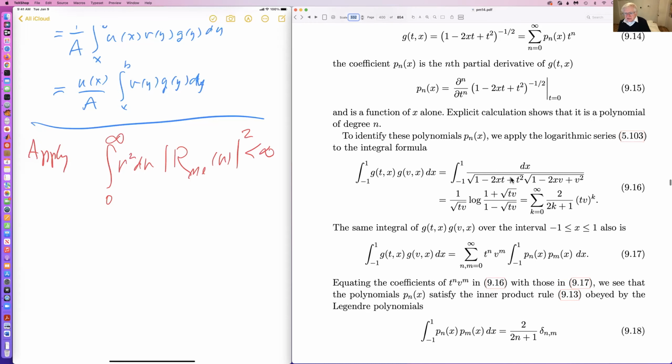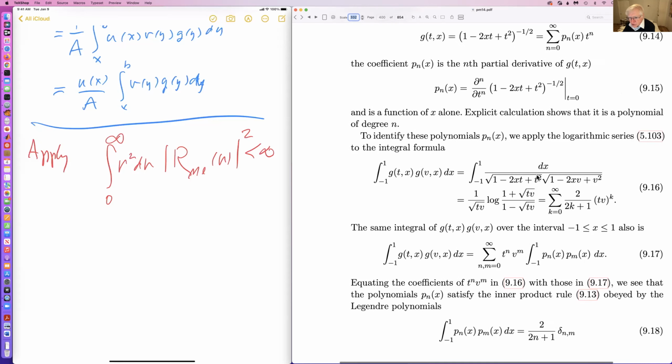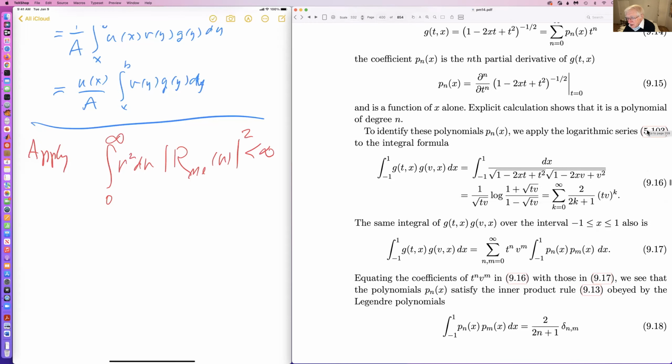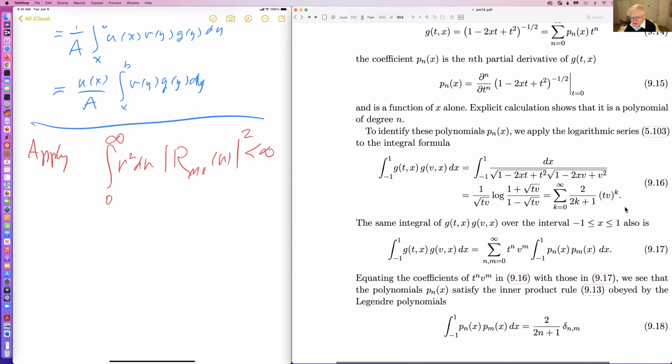Now it turns out that that integral is this log. And if you then use the logarithmic series, what you get is this as the series.